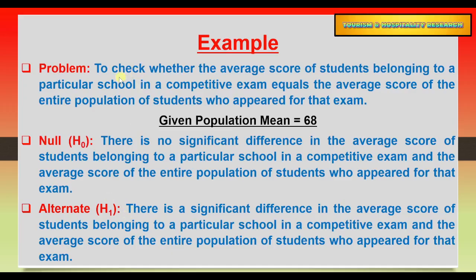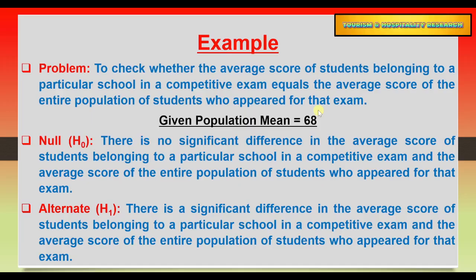Let us check out an example and I'll show you how to do this in SPSS practically. The problem here is we want to check whether the average score of students belonging to a particular school in a competitive exam equals the average score of the entire population of students who appeared for that exam, given that the population mean is 68 out of an exam of 100 marks.